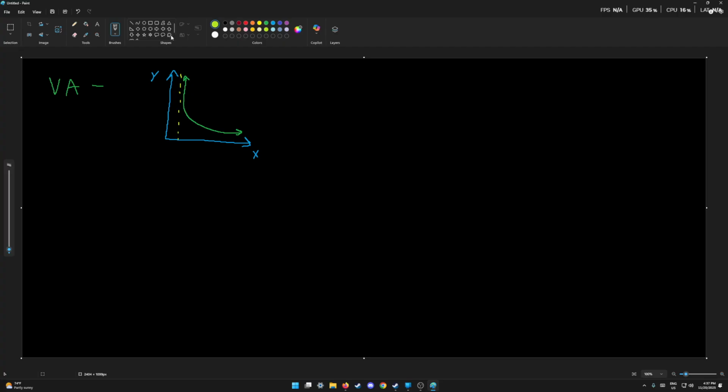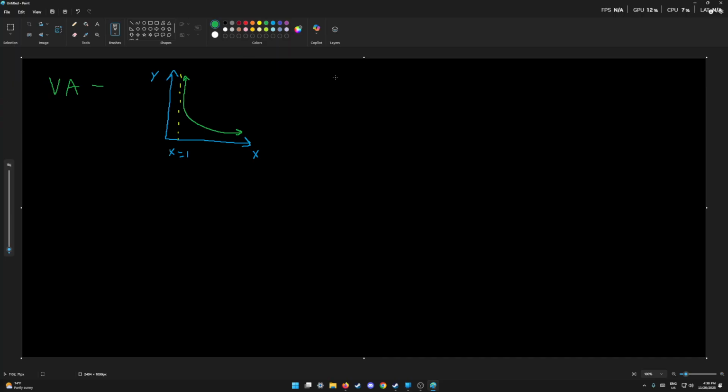And we'll say that that's at x equals 1 or something. So basically, this graph is never going to go to the left of x equals 1. And you can have multiple vertical asymptotes, and they'll describe different parts of equations. We're not going to get into that because you'll probably see that down the line.